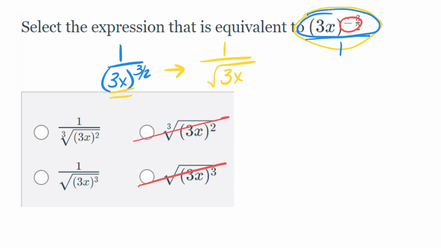And since this has a denominator of 2, our index is 2. And since this has a power of 3, our expression has a power of 3. And we do need to put this in parentheses. If I leave off the parentheses, the only thing that is getting cubed would be the x, but I want the 3 and the x to get cubed, so our correct answer would be this one.